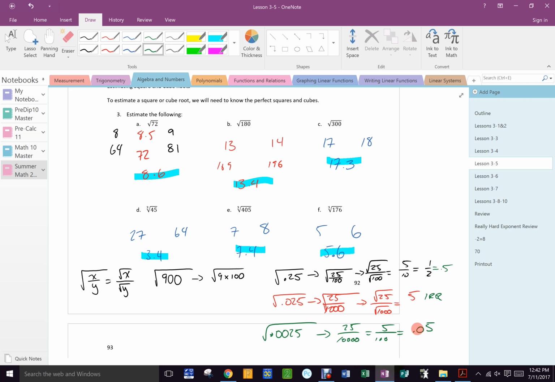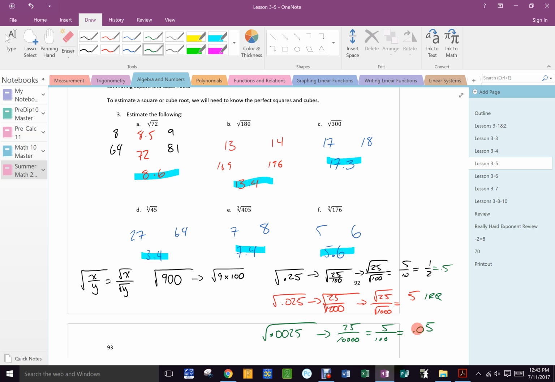Everybody with me? So if I ask you a square root of a decimal, the first thing to check: does it have an even number of decimal places? If it has an even number of decimal places, is it possible that it's a perfect square? Yes.